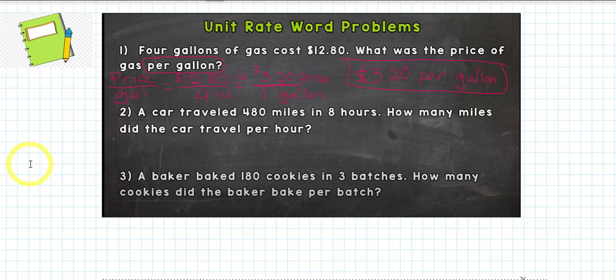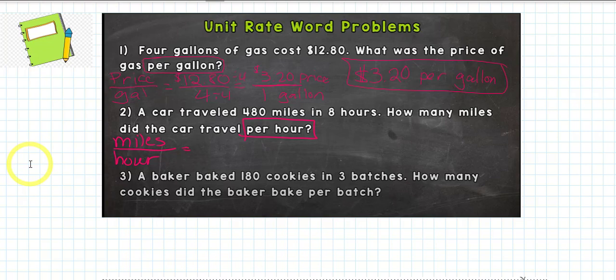Alrighty, so we have for number 2, the information given is a car traveled 480 miles in 8 hours. How many miles did the car travel per hour? So there's the question being asked. Hour is going to be my denominator, and miles will be in the numerator.